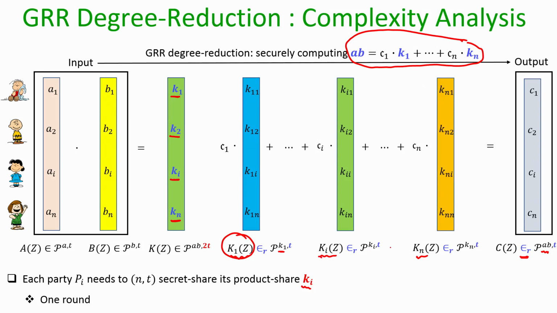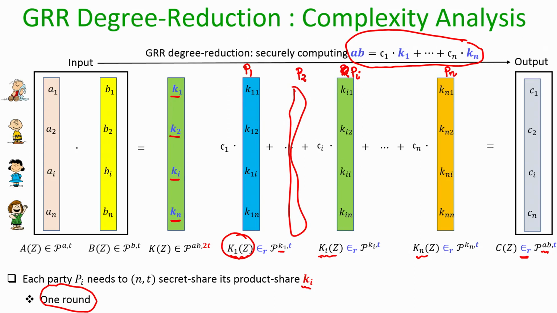Okay. So, that means in terms of interaction, this requires only one round of communication. If P1 starts secret sharing its input K1, at the same time Pi can start secret sharing its input Ki, P2 can start secret sharing its input K2, and Pn can start secret sharing its input Kn.